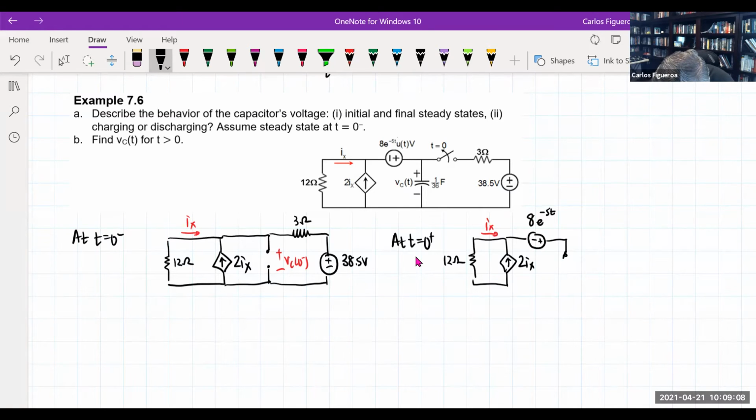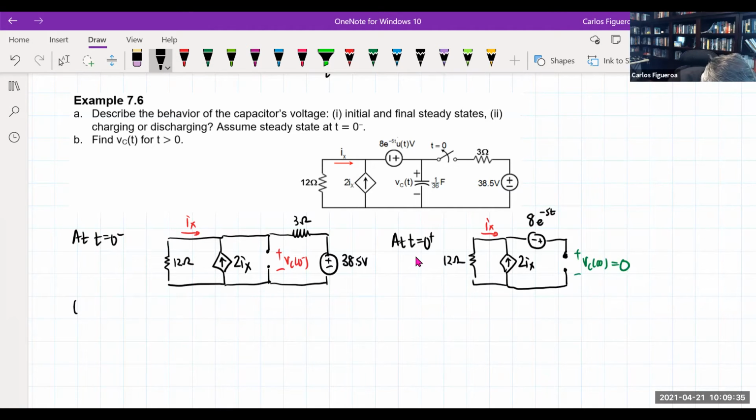So when this goes to Vc at infinity, since that source is dying, I expect that the final voltage of the capacitor should be 0. In other words, this capacitor is discharging.